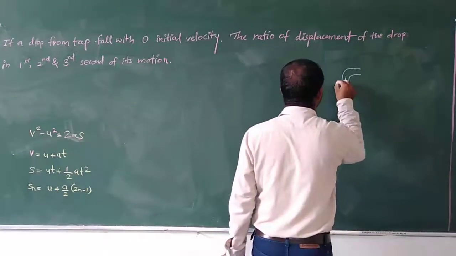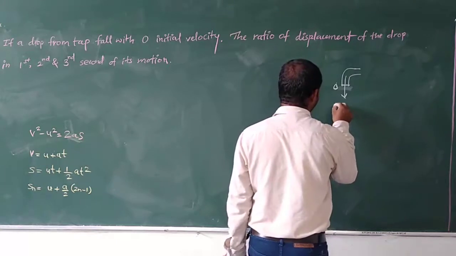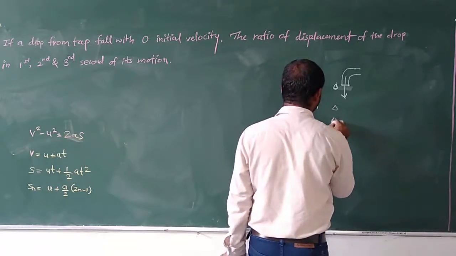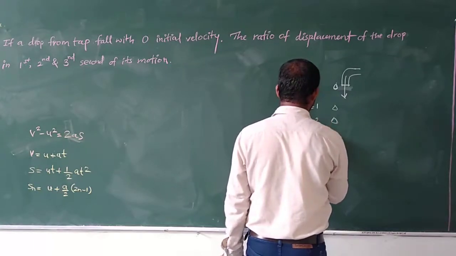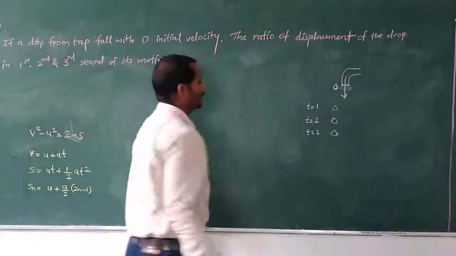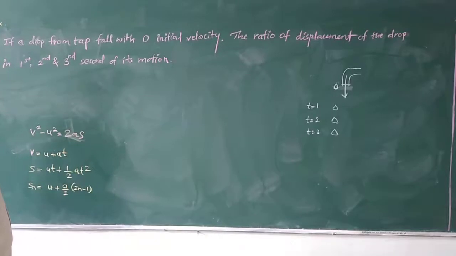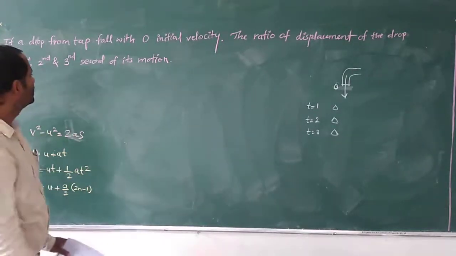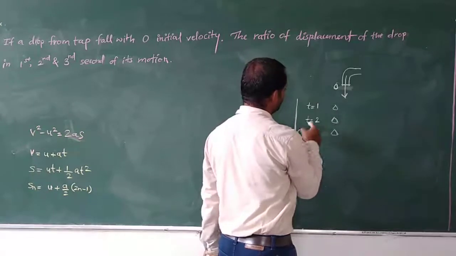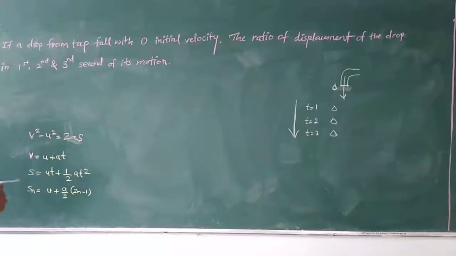This is the initial speed of this drop, and suppose this is at time t equal to first second, this is t equal to second, t equal to third second, right? तर हा ड्रॉप या टॅप मधून पडत आहे. We have to find the ratio of displacement of the drop in the first, second and third second of its motion. तर कसं फाइंड करायचं ते आपण बघूया.